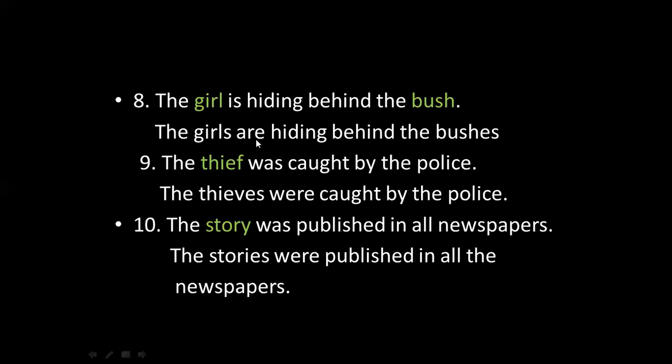Again the verb changes into are hiding behind the bushes. The plural form of thief is thieves. The thieves were caught by the police. When the noun changes to plural, naturally the verb also changes.